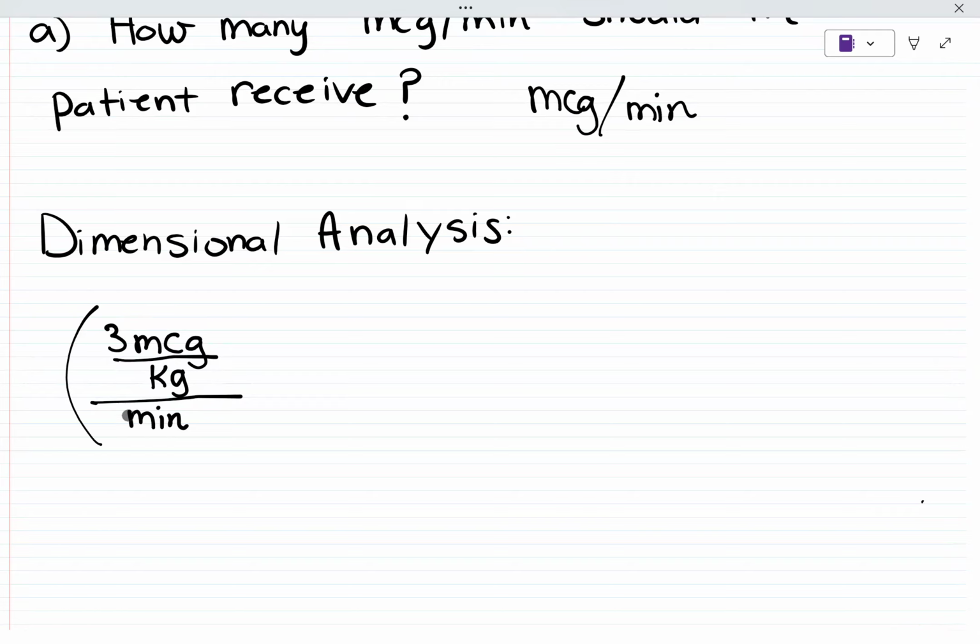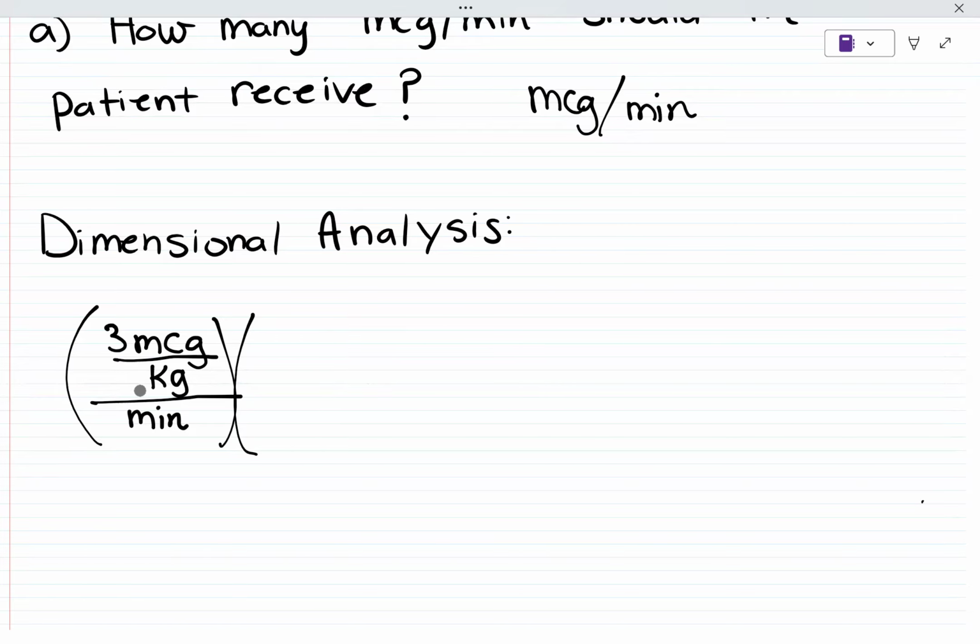And then we're going to multiply this by something, since we want the answer in mcg per minute. We have to get rid of the pounds and we have to get rid of the kilograms. So what's the relationship between kilograms and pounds?